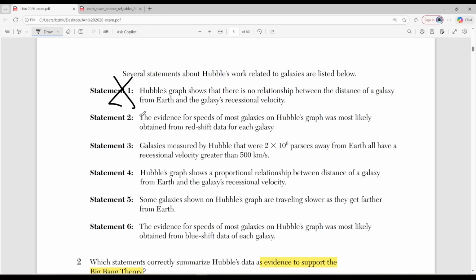The evidence for speeds of most galaxies on Hubble graph was most likely obtained from redshift data. Maybe. I mean, we see redshift in there, so that could be true. So let's say maybe on that one. Galaxies measured by Hubble that were 2 times 10 to the 6 parsecs away from Earth all have a recessional velocity greater than 500. So we're going to check.